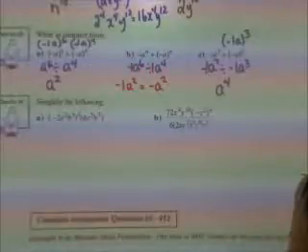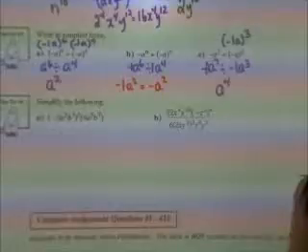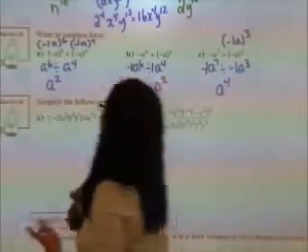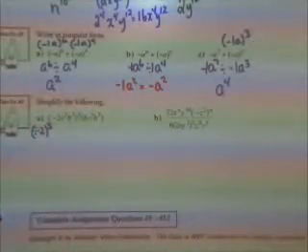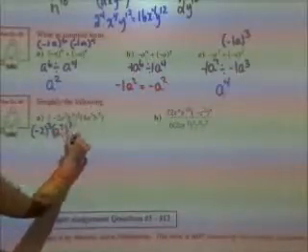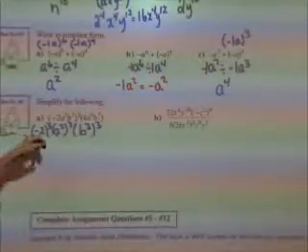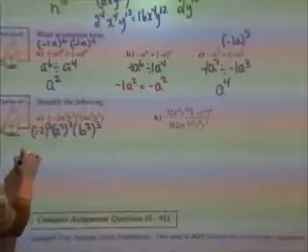Who wants to give me a strategy? What did you do first, Kate? Like -2 to the power of 3, b squared to the power of 3, and then b3 to the power of 3. Okay. So what is -2 to the power of 3? -8.